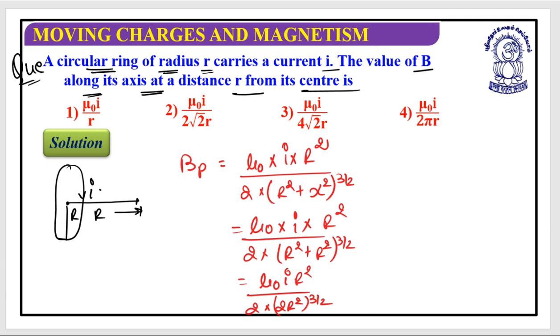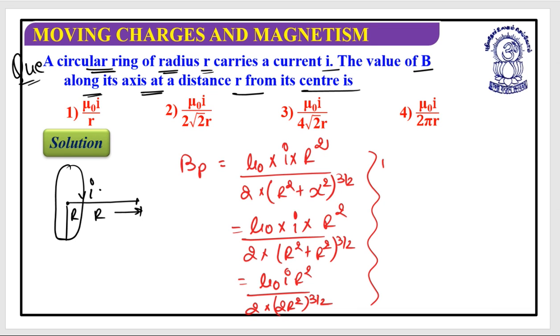Is it clear? Yes, the magnetic field B equals mu naught I r square upon 2 into 2r square to the power 3 by 2.